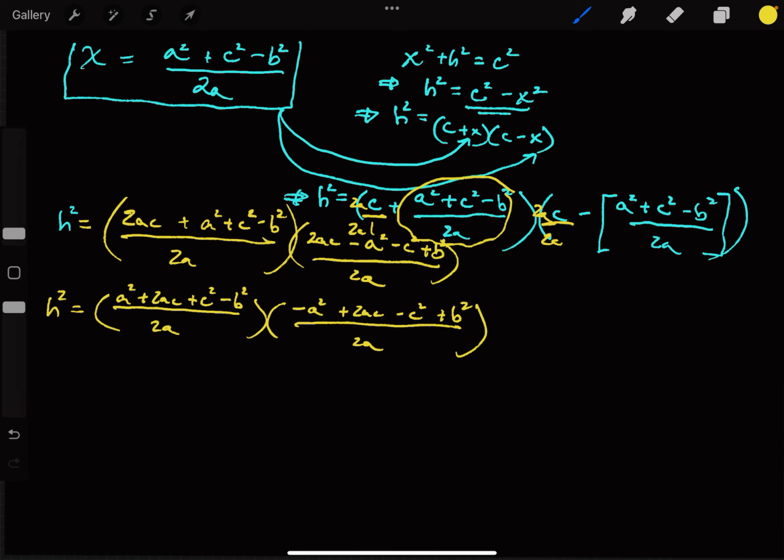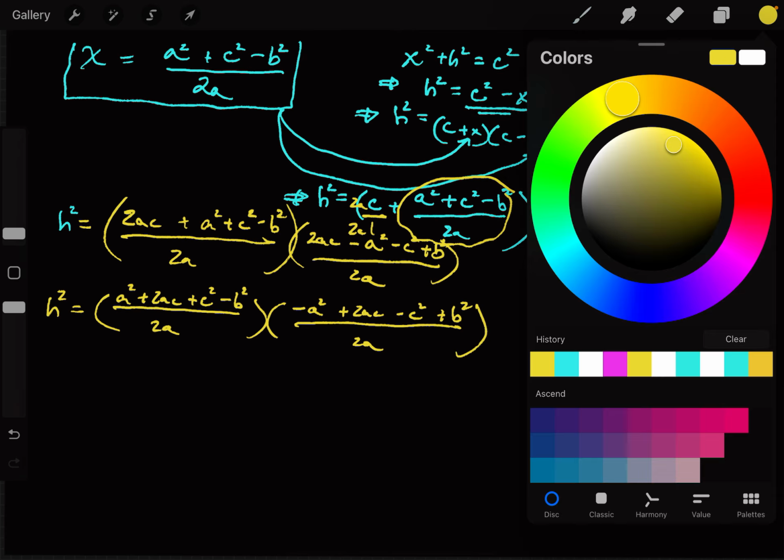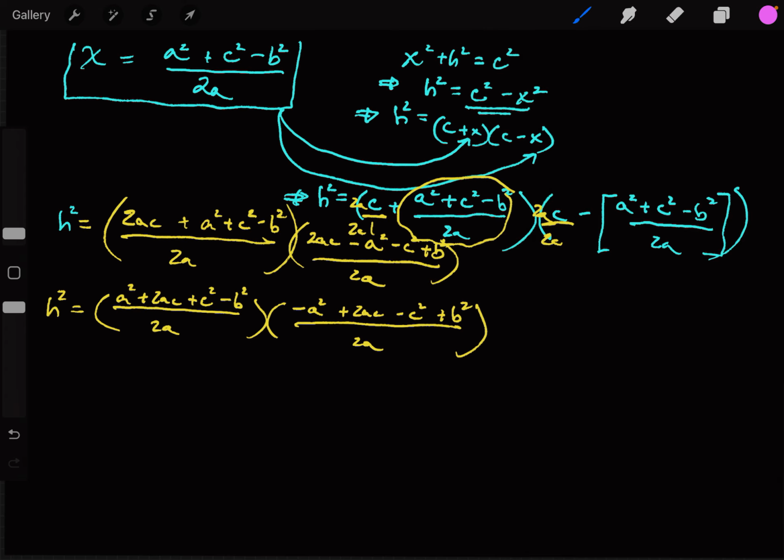And this is where it starts to get really tricky, okay? We just got to investigate what's happening with this and this. So we have to notice something about this, which is very tricky.